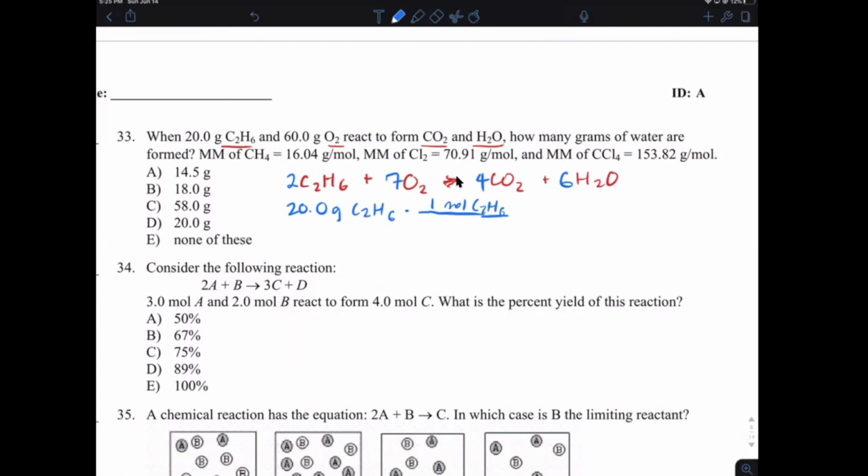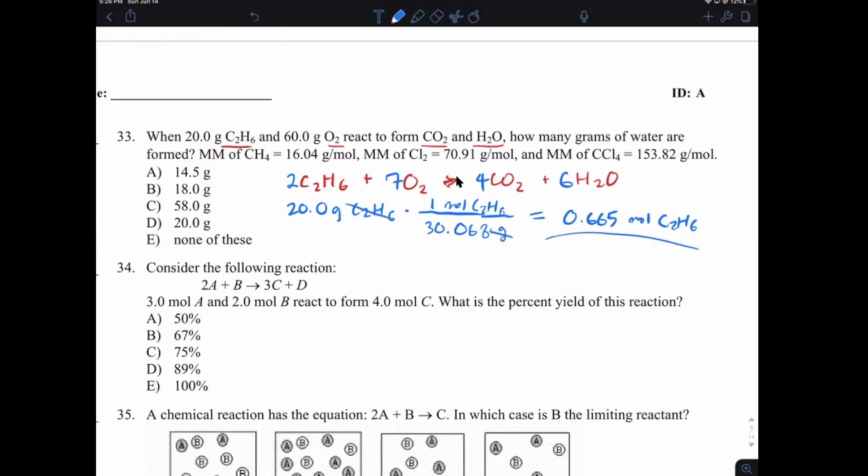It is around 30.068 grams. Okay, then next, let's just leave it like that. We're going to find that gives us around 0.665 moles C2H6. Okay.